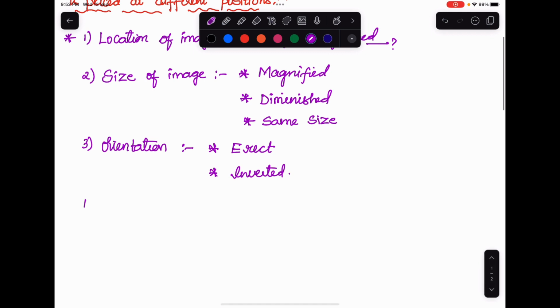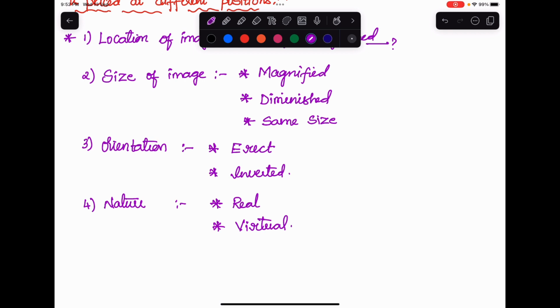And the fourth one is the nature of the image. The nature of the image includes two types: it can be a real image or it can be a virtual image. So we need to list out these four characteristics for every ray diagram of an object, to locate its image or to find the image formed by a spherical mirror.